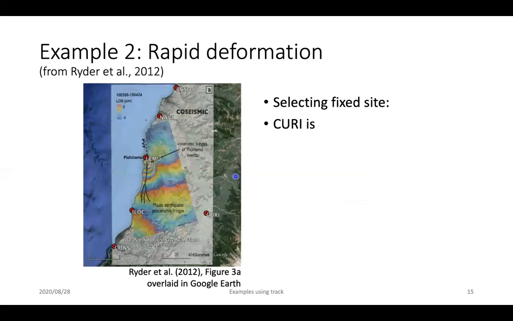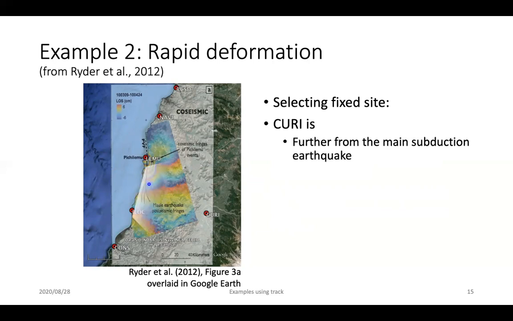So the first thing to point out is that we need to select what we consider our fixed site to be, our reference site. And these are the sites that were available for this study. There were several along the coast and then one fairly close inland, although the distance here is still around 100 kilometers from the coast. But we select this site CURY to be our reference site for the following reasons.